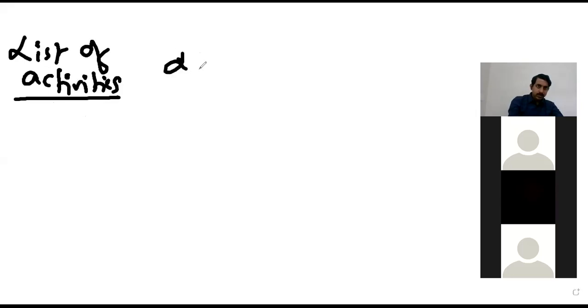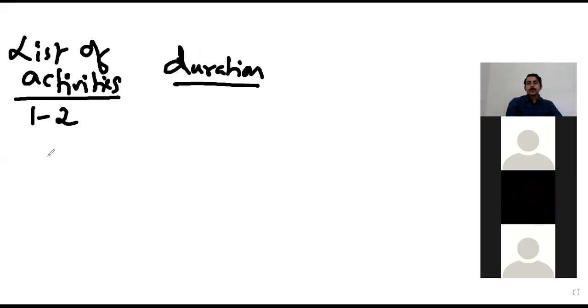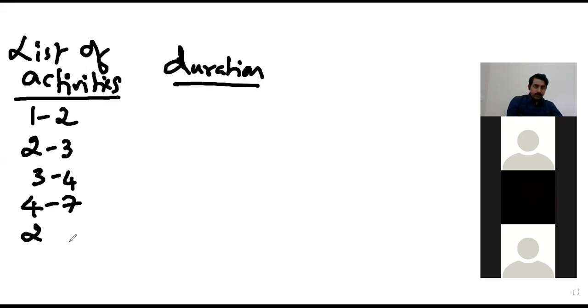Which are the activities? 1-2. 2-3. 3-4. 4-7. 2-5. 5-6. 6-7.